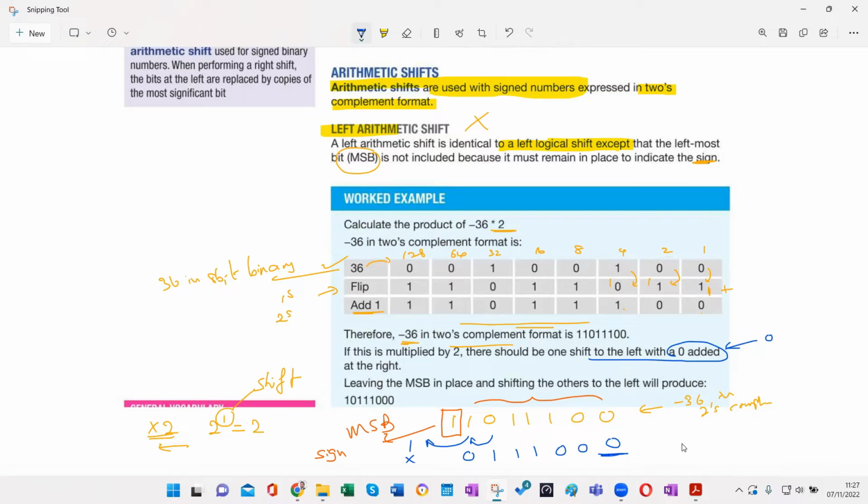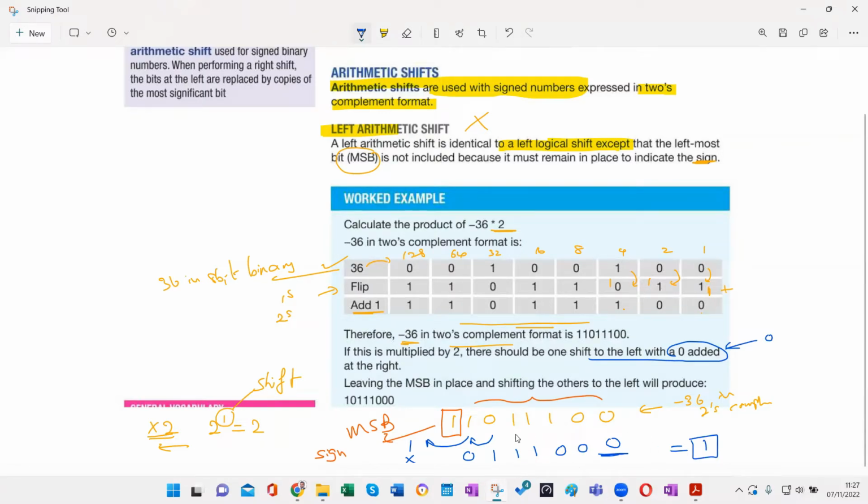Right. Now, what is the answer? I have to write the most significant bit, or the sign bit. So the sign bit is 1. If you get confused with the sign bit, just put a square to show that it's the sign bit. Followed by this pattern.